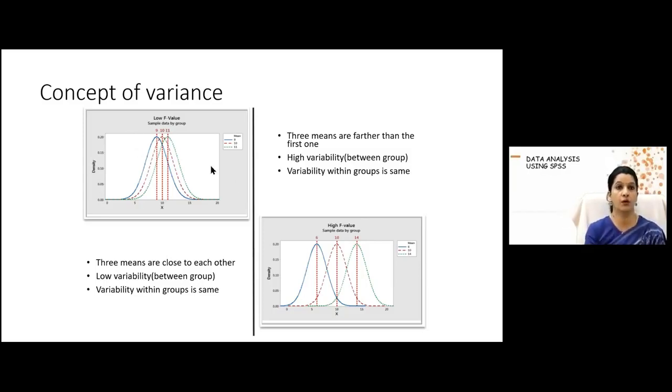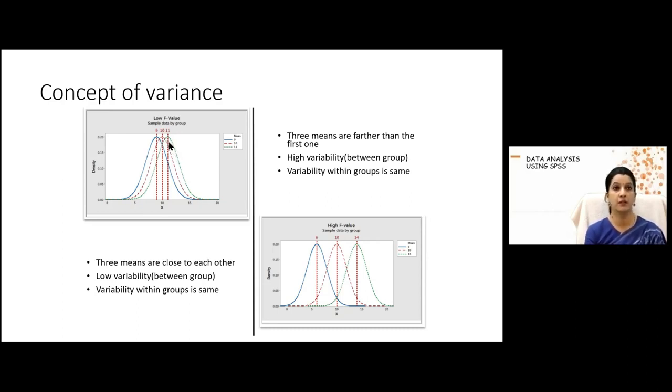Now focus on this graph. Here you can see three similar looking graphs. Here the within subject variance is the same, but the three group means are farther from each other. You can see they are 6, 10, and 14, whereas here the means are 9, 10, and 11.